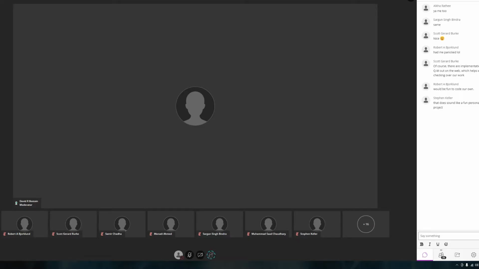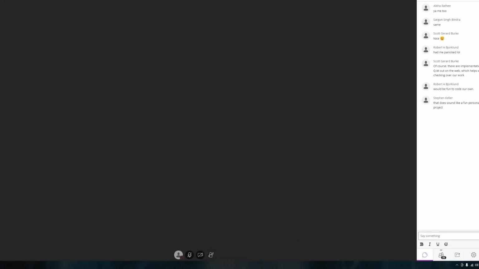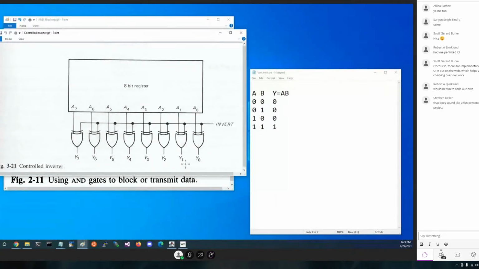I'm going to pass them to Y, but sometimes when they go to Y, I want it to be their inversion. Think of this as the first step of a 2's complement: invert all the bits. Here are all the bits at A. If I invert them, Y should be the opposite of whatever they were.